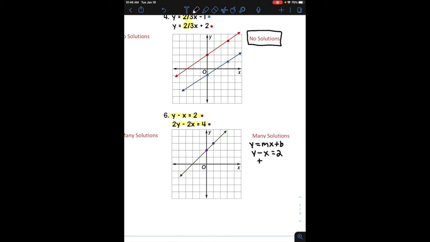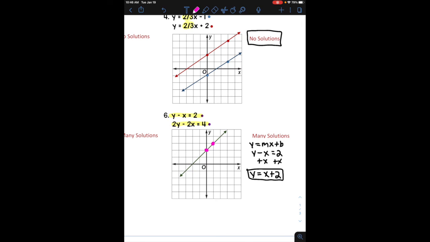So we're going to add x to both sides to get y equals. We can write the right side as 2 plus x, but we know the x should go first, so we'll write x plus 2. Now that it's in slope-intercept form, we could graph by starting at the y-axis at 2 and using our slope of 1 to make our second point, going up 1 unit and right 1 unit.